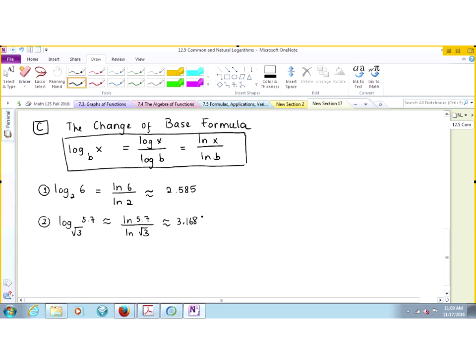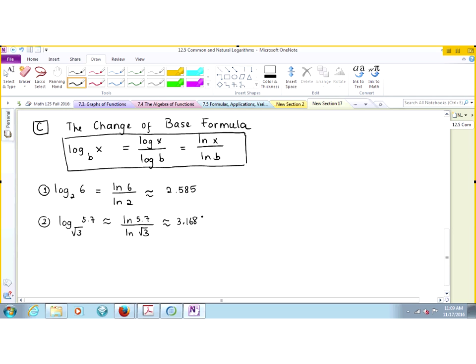This is LN, this one, right? So you're going to do LN 6 divided by LN 2, or you can use mine.